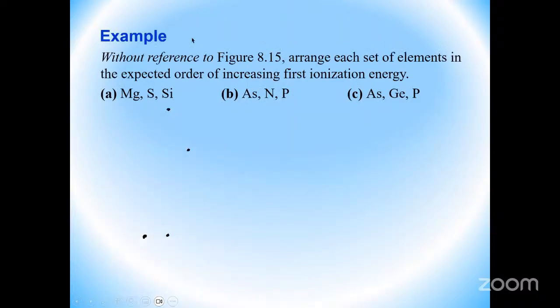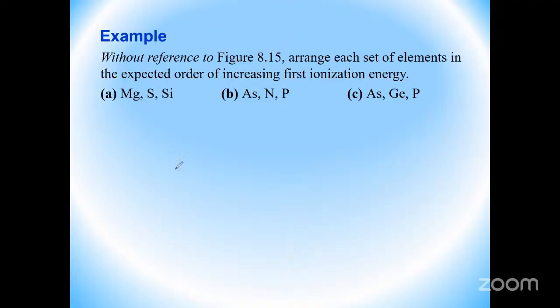All right. So let's look at these questions, these examples. Question says, arrange each set of elements in the expected order of increasing first ionization energy. So we're starting from the lowest to the highest, right? So here you're given magnesium, sulfur, and silicon. So again, we have to refer to the periodic table. So magnesium is over there, silicon is in the middle of that period, and sulfur is at the end.